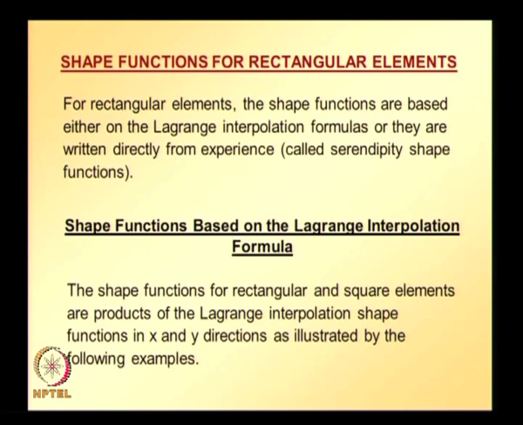So basically we need to write the Lagrange interpolation shape function in the x direction and the Lagrange interpolation shape function in the y direction, and multiply these two, then we get the shape function for the particular rectangular or square element. This is how the procedure goes based on the Lagrange interpolation formula.